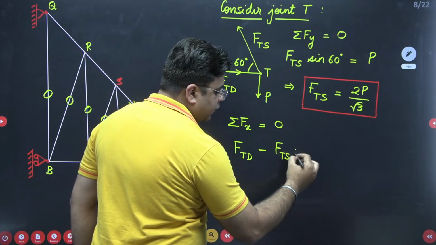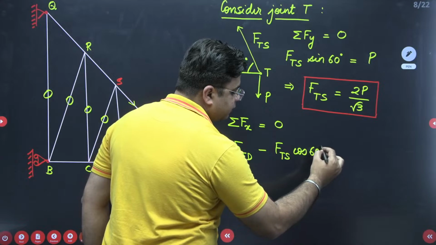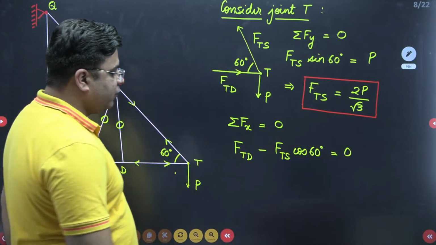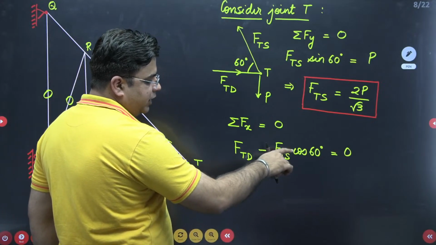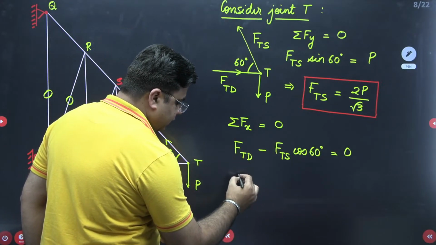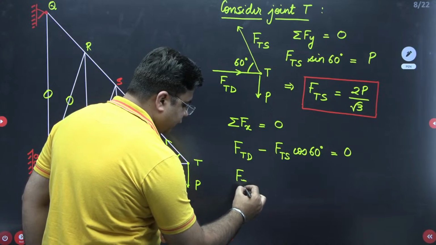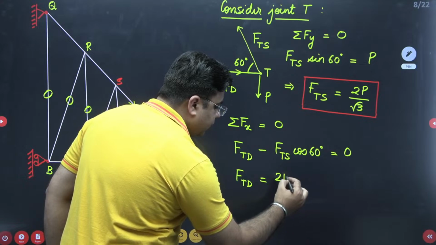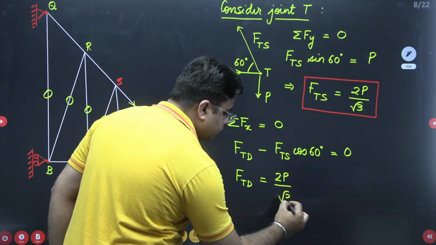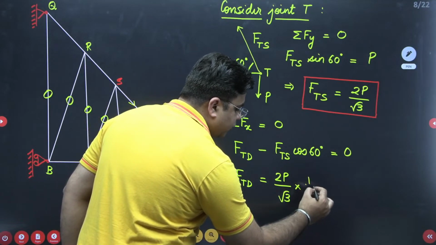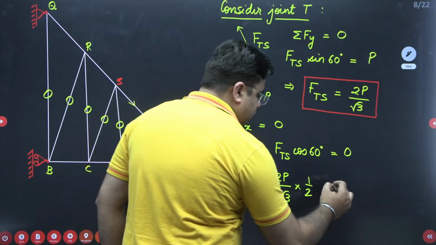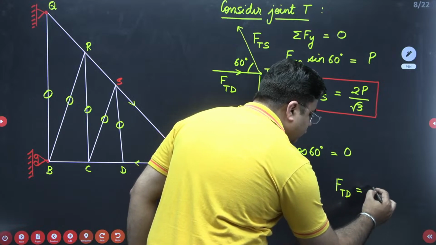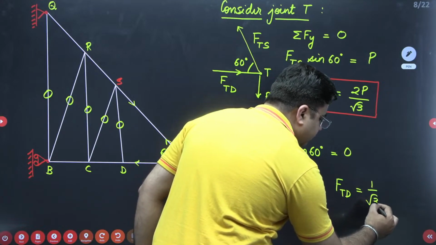FTS cos 60 degrees. And this should be equal to 0. So FTD I have to calculate, FTS I have already calculated, multiplied by cos 60 will give me the value of FTD. So FTD is equal to FTS, which is 2P by root 3, into 1 by 2, cos 60 is 1 by 2. So FTD comes out to be P by root 3.